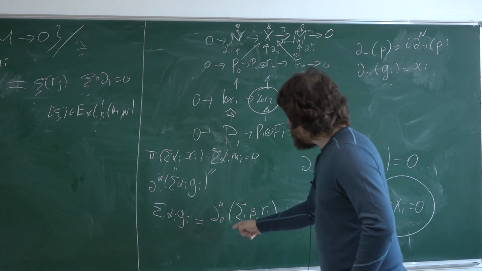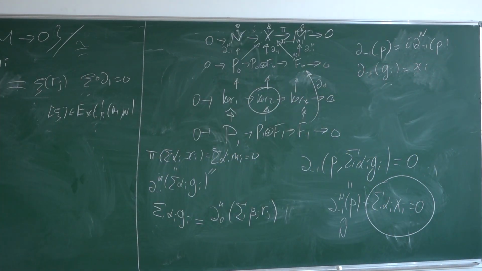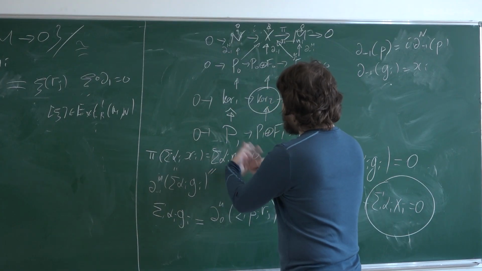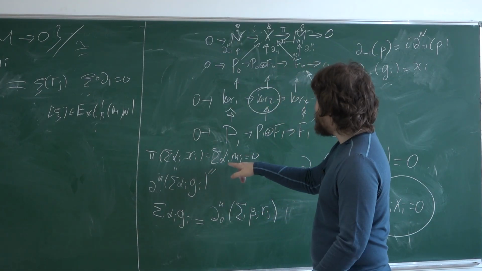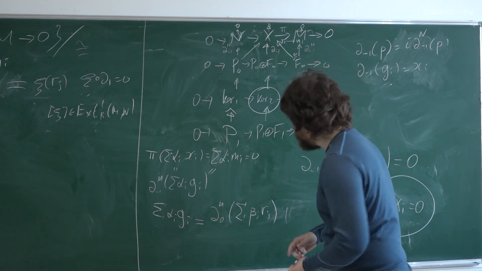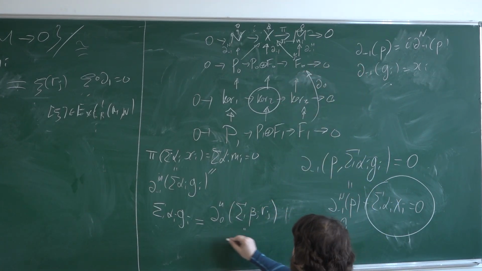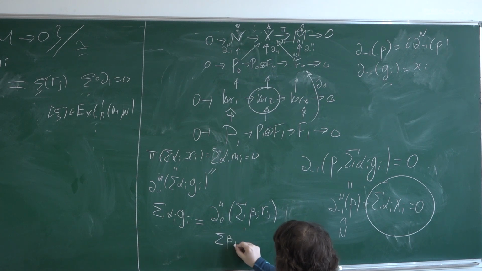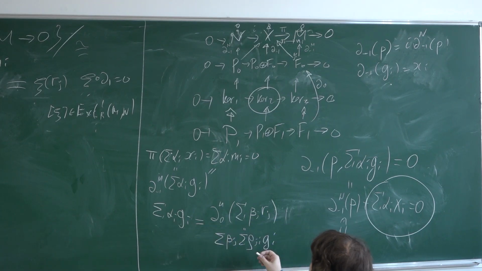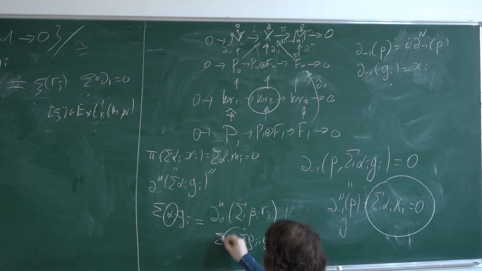I know how d0 acts on rj. I have some basic relations. It's some relation in M, and I just want to say that it can be expressed as a sum of some basic relations. It's the image of Pj, rho ji, and this ji is a basis, so in fact these things are sums of this form.